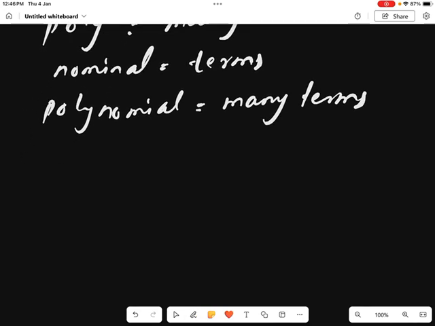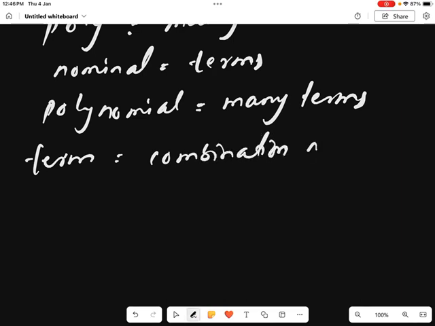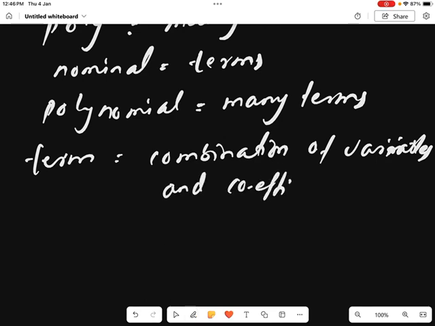Next, what are terms? Terms are a combination of variables and coefficients.